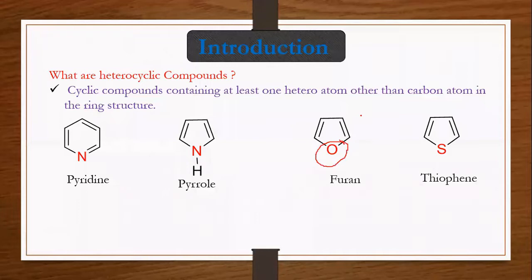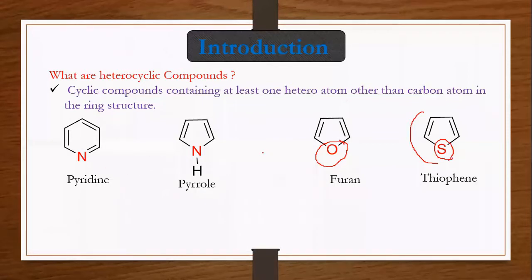It is also a 5-membered ring. Okay. In case of thiophene, sulfur is present as a heteroatom. Thus, these are the examples of heterocyclic compounds.